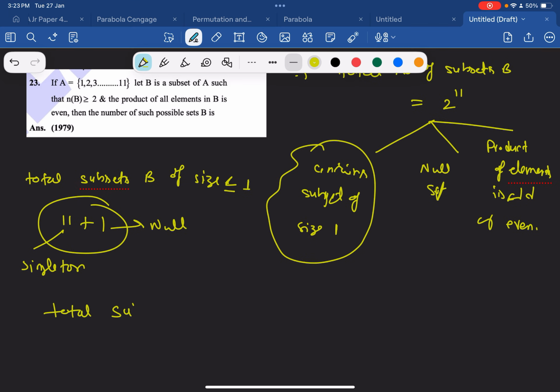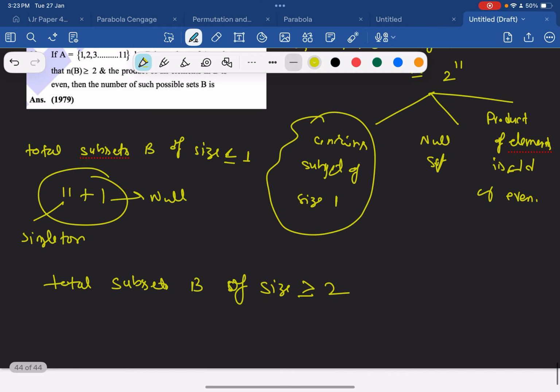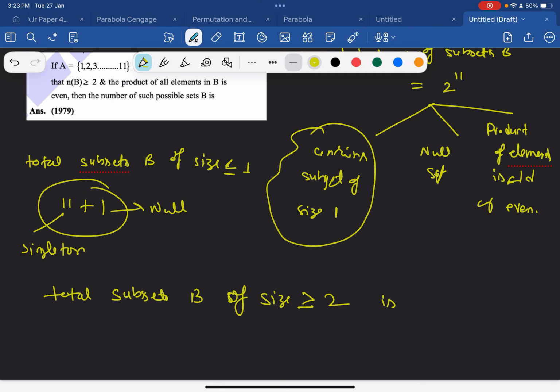Correct? So now the total subsets B of size greater than or equal to 2 will be 2 raised to power 11 minus 12. Till here it's fine.